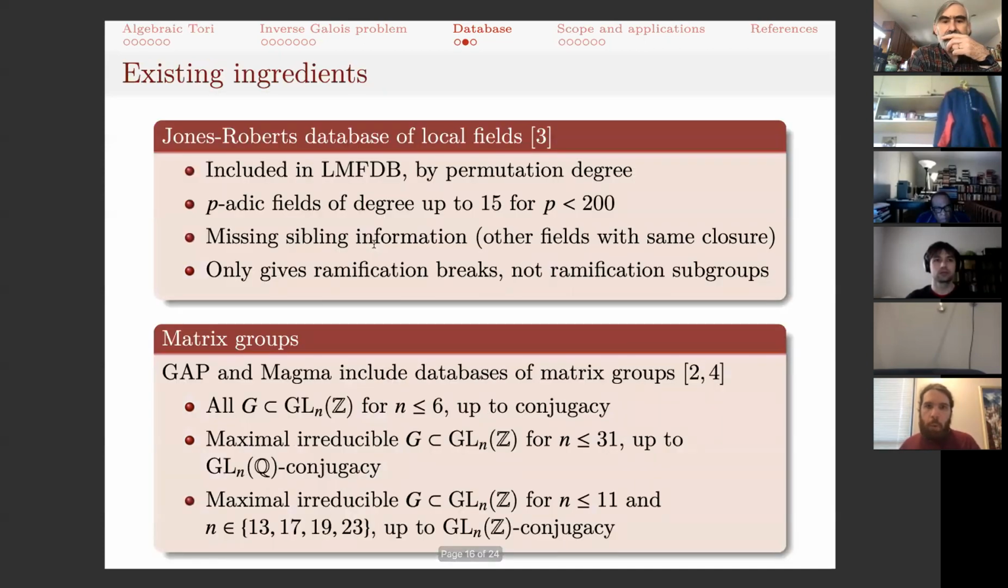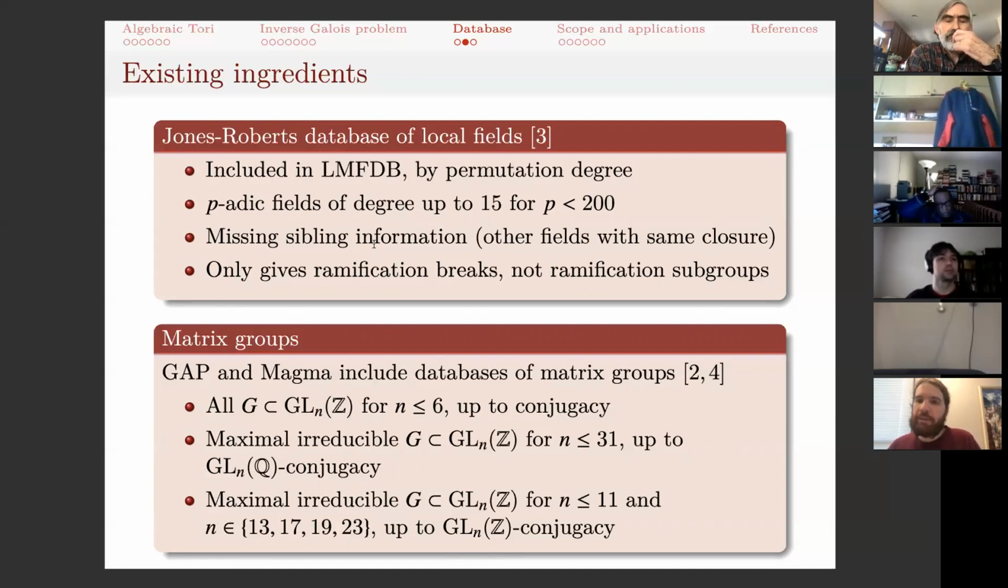So what do we have already that can go into this database of tori? We have tables of local fields produced by John Jones and David Roberts, and they're included in the LMFDB. They're organized in a slightly different way. They are tables of not necessarily Galois fields, where the degree of the field is small.